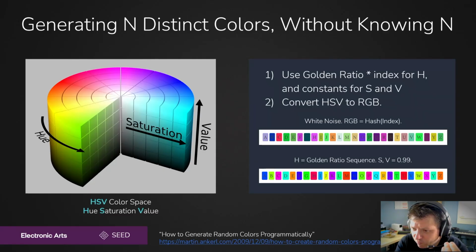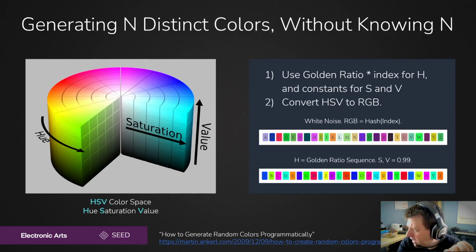So for any number of colors, without knowing how many that is in advance, we're going to end up with that many distinct colors that are nearly maximally distant from each other around the circle. It won't be as maximally distant as if you knew the number in advance and just evenly divided the circle. But the benefit is you don't need to know how many you have in advance.